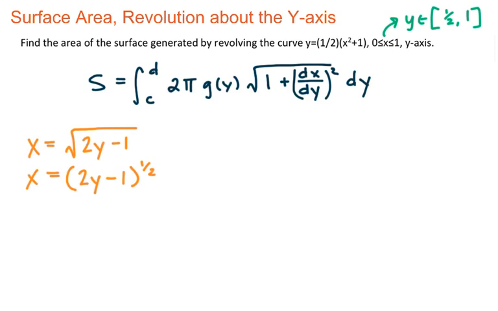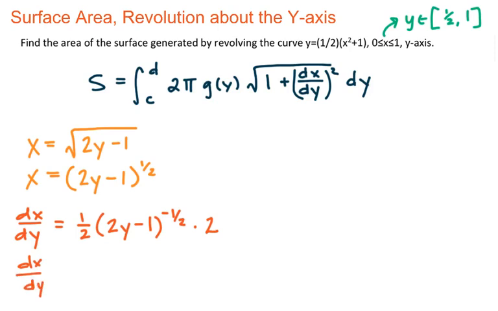Now if I go to find the derivative of x with respect to y, I'm going to need to use the chain rule. So that's 1/2 (2y minus 1) to the negative 1/2, then times the derivative of the inside, which is 2. That simplifies: dx/dy equals (2y minus 1) to the negative 1/2.